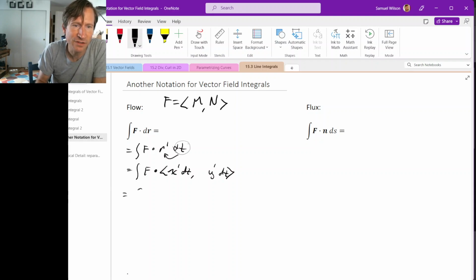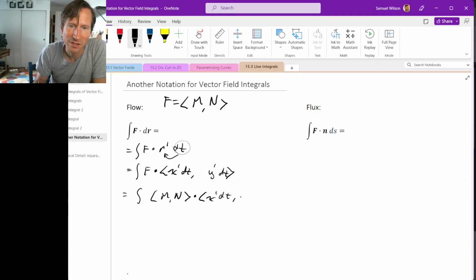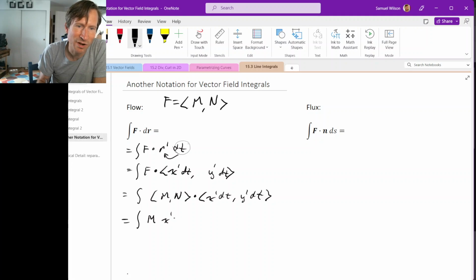Now F is really M comma N. So we're going to dot that with x prime dt comma y prime dt. That gives us the integral of M x prime dt plus N y prime dt.